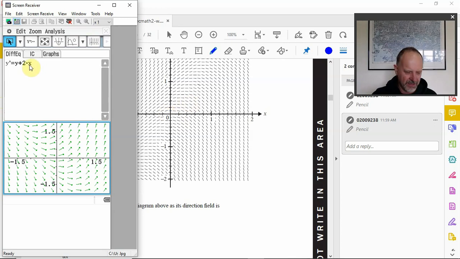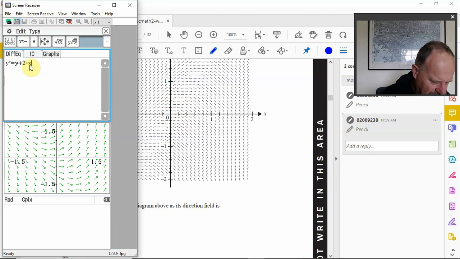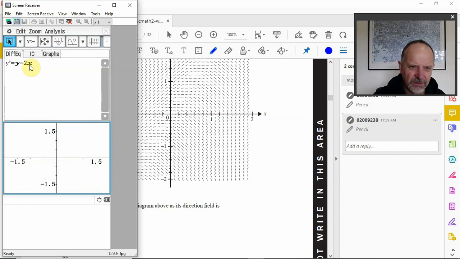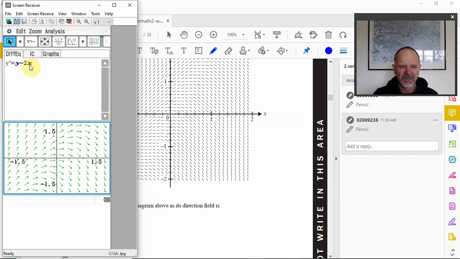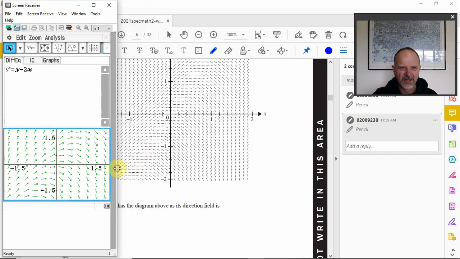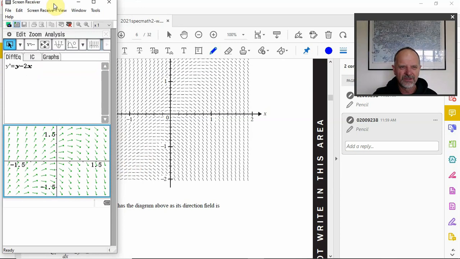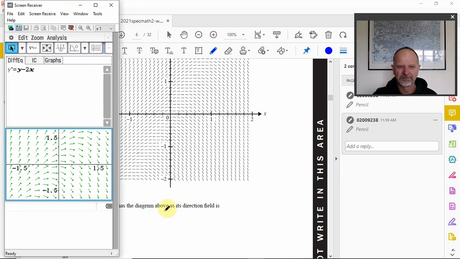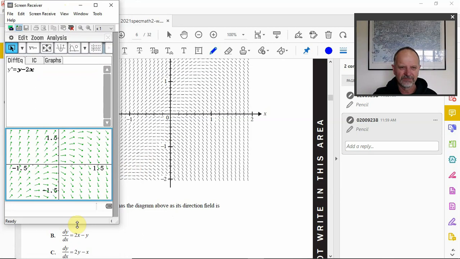So if you work your way through it, and then when you get to alternative D, it is y minus 2x, and then you graph alternative D, and when you compare your computer screen to the one on your calculator, you can see that now looks quite like it.